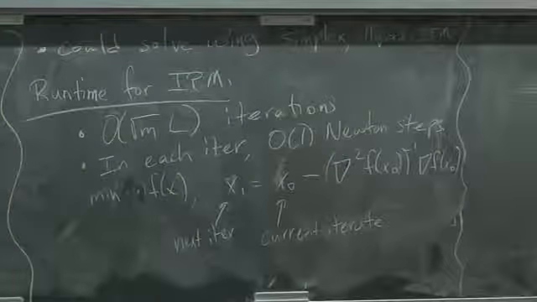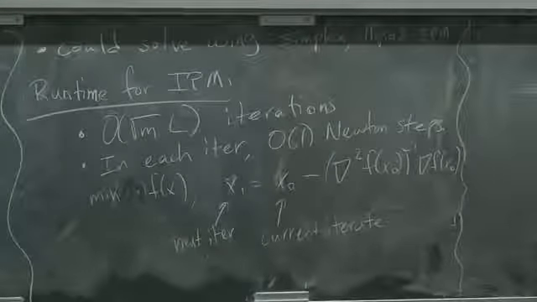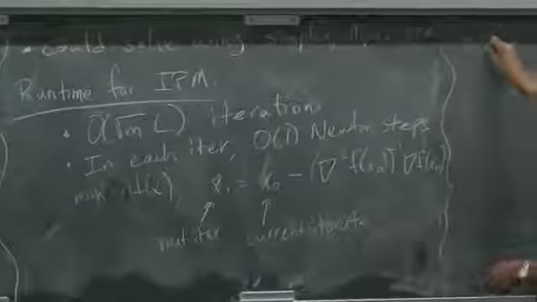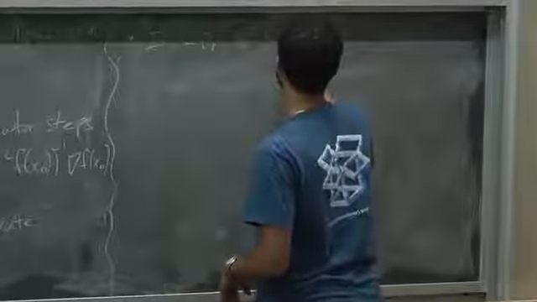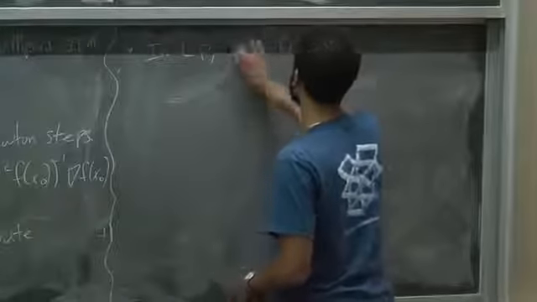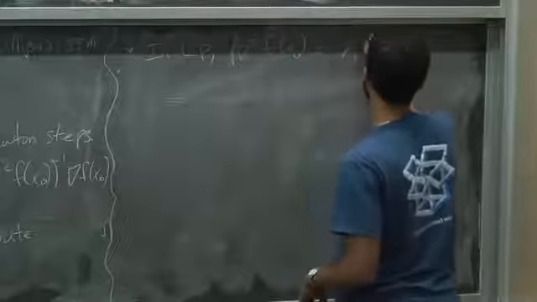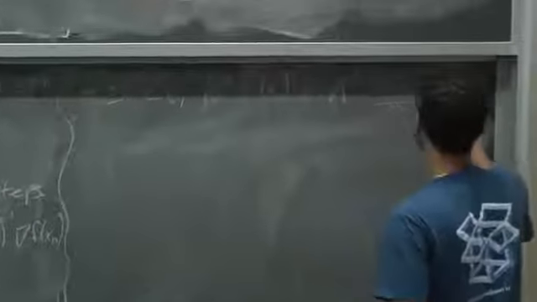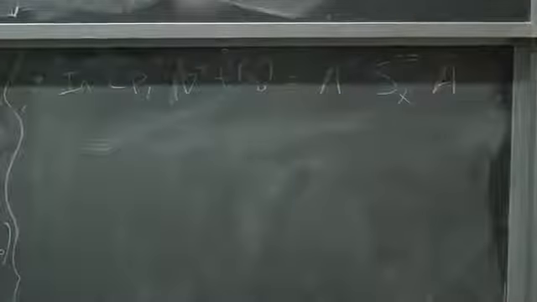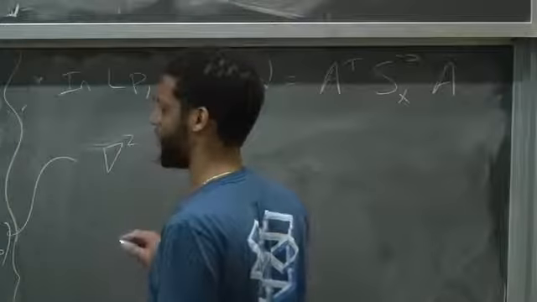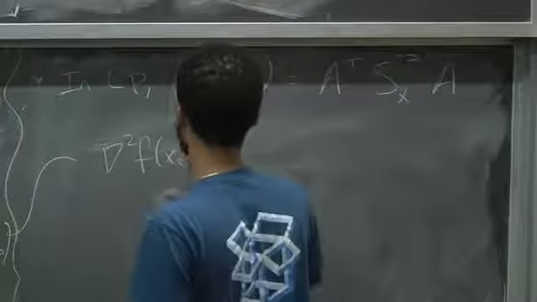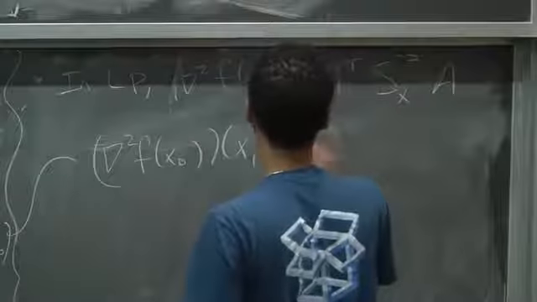So remember in linear programming, we said that this Hessian inverse was equal to something like, I believe, A transpose slack x minus 2 A. You can also think of this as the Hessian applied to x1 minus x0 should equal some particular vector.